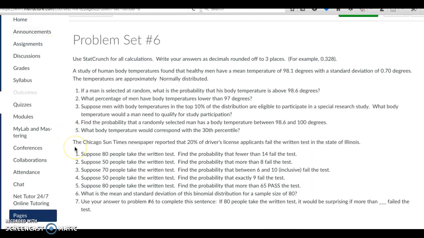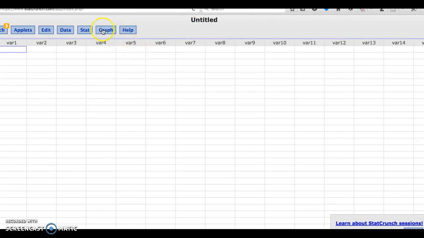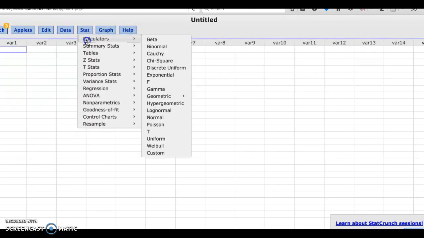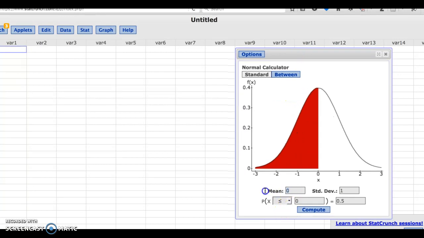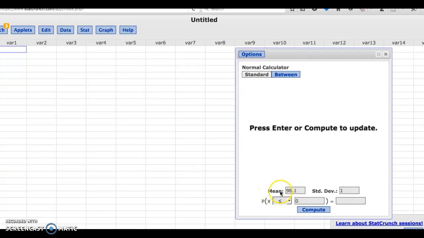Another problem that people had a little trouble with was number 5, which is very similar. What body temperature would correspond with the 30th percentile? So again, if we come here to Stat, Calculator, Normal, and we have a mean of 98.1, and a standard deviation of 0.7.